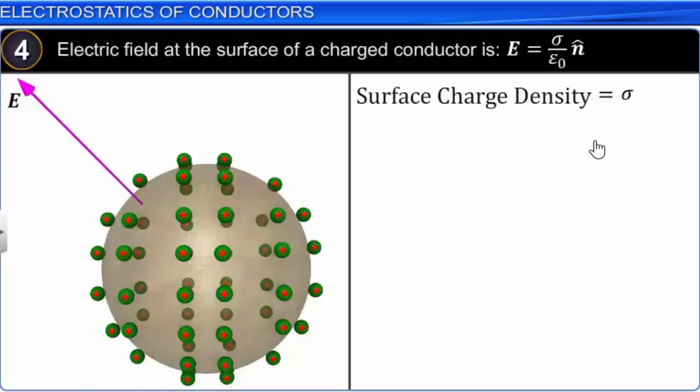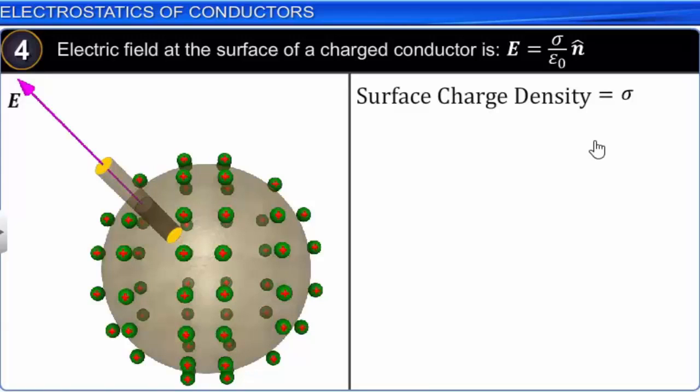Surface charge density is equal to the ratio of the total charge on the surface to its area. Let us consider a Gaussian surface in the shape of a small cylinder, which is part inside the conductor and part outside the conductor, such that its flat faces are parallel to the surface of the conductor.